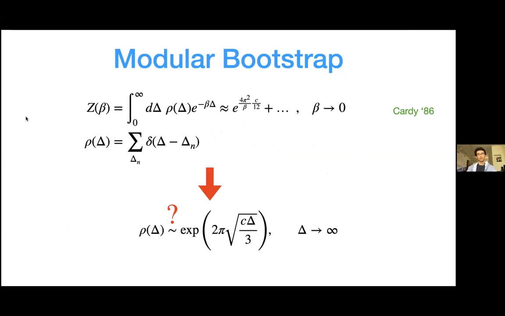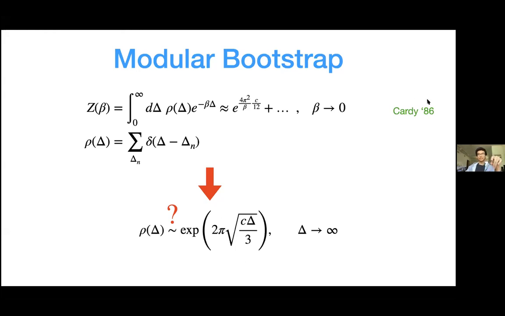I'll just consider the partition function on a two-dimensional torus, which is at high temperatures approximated by the vacuum, and we have some discrete spectrum, let's say. And then we would like to derive the Cardy formula from this somehow, for high energy states.